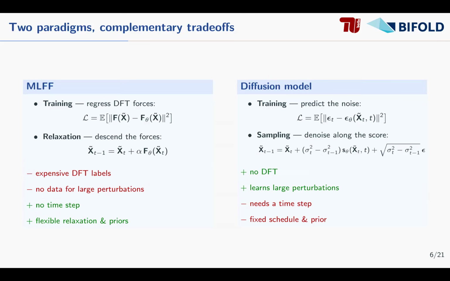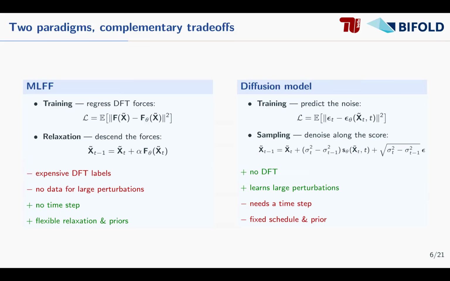In diffusion models, on the other hand, we don't need the DFT labels. We just perturb the systems, and this provides us with a signal to sample something that is stable. And this perturbation is so large that we basically cover a huge amount of space that the model can deal with. However, the problem is that we need a time step as an input.